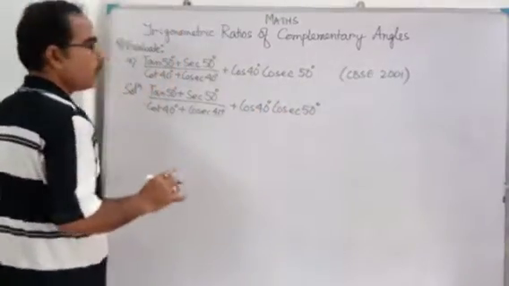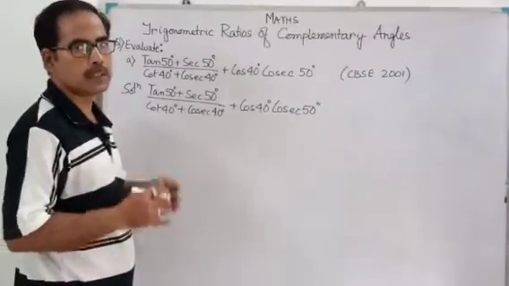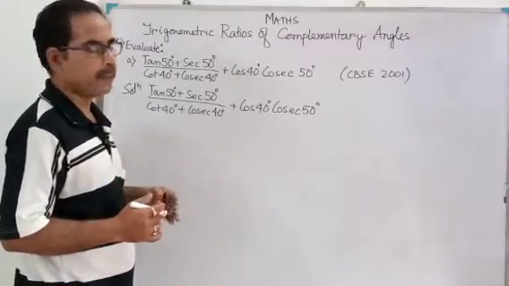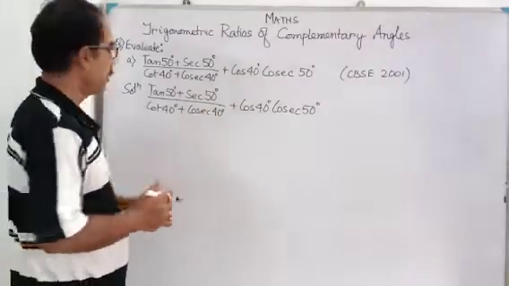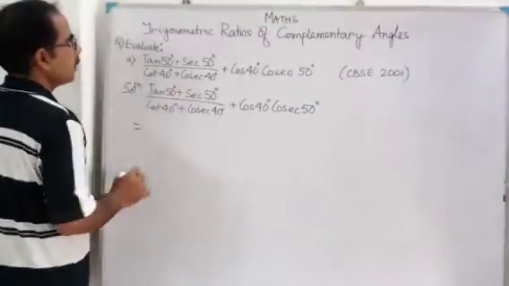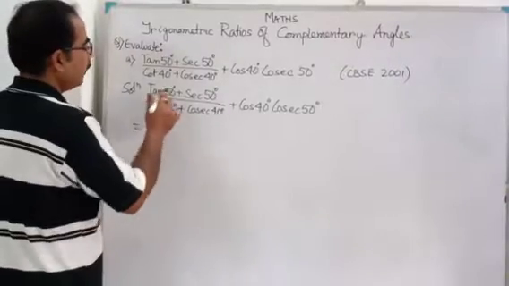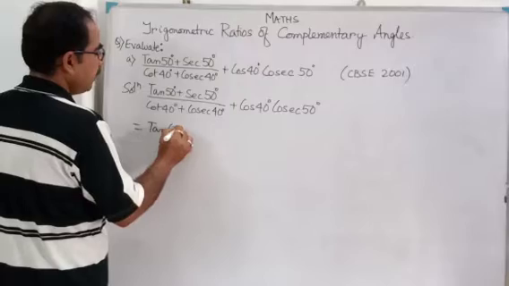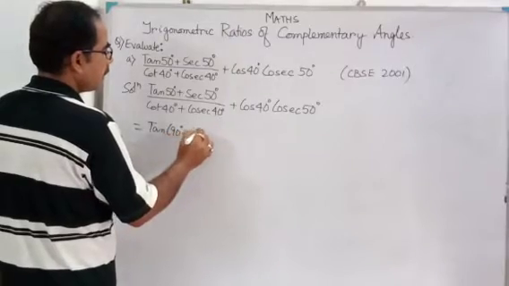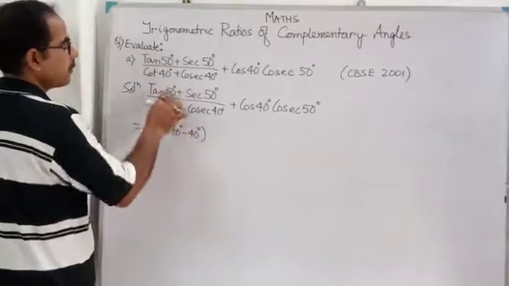Okay, as I told, if you are going to change by applying the formula, go for the numerator or denominator, any one. So here also I am applying the formula in the numerator. So tan 50 degree can be written as tan 90 degree minus 40 degree, correct? Because 90 minus 40 is 50 degree.